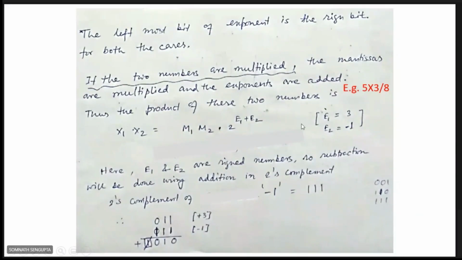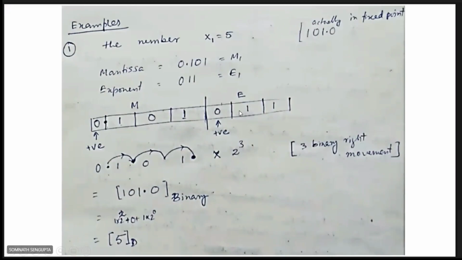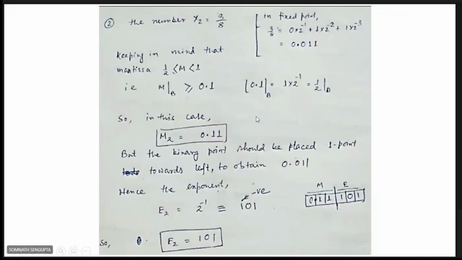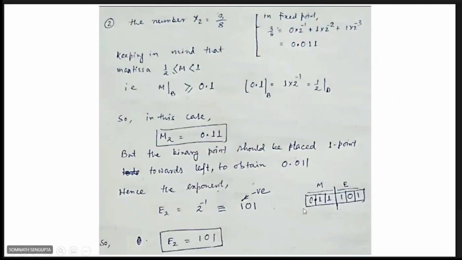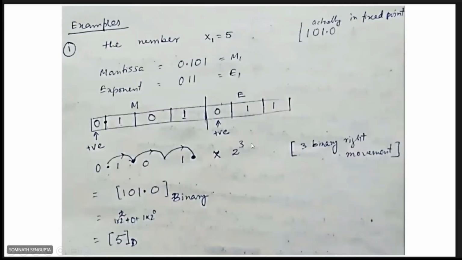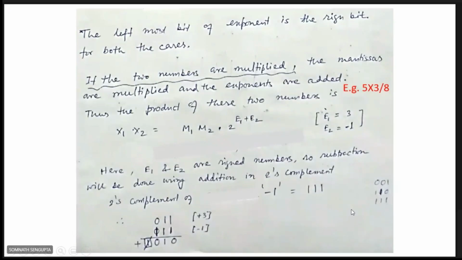E1 is 3, as we have seen, and E2 is -1. -1 we have discussed, how to represent it: 1, 0, 1, and E1 is 0, 1, 1. These two should be added, but in 2's complement format. E1 plus E2 should be performed in 2's complement.